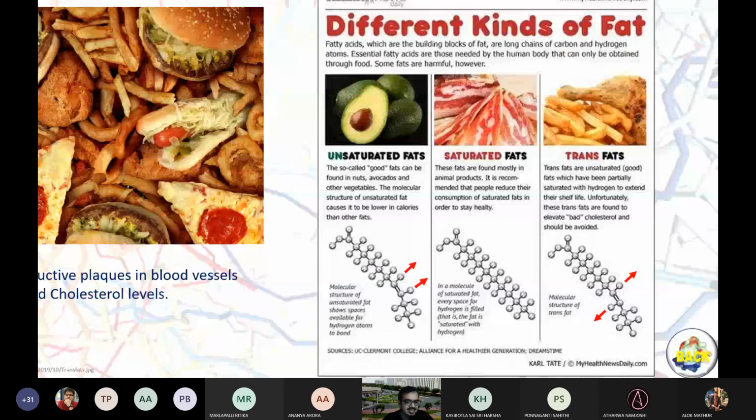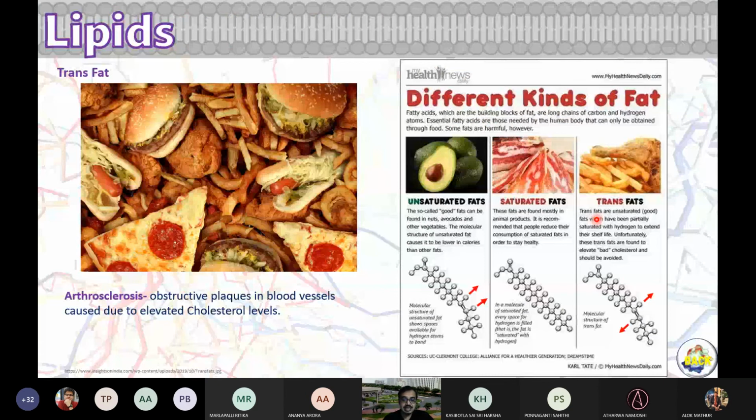A subtle change in the molecular arrangement, nothing else. But that can cause serious havoc to our health because people have realized that if you have trans fat in your food, that increases the bad cholesterol level in our body, and finally it can end up as obstructed blood vessels.